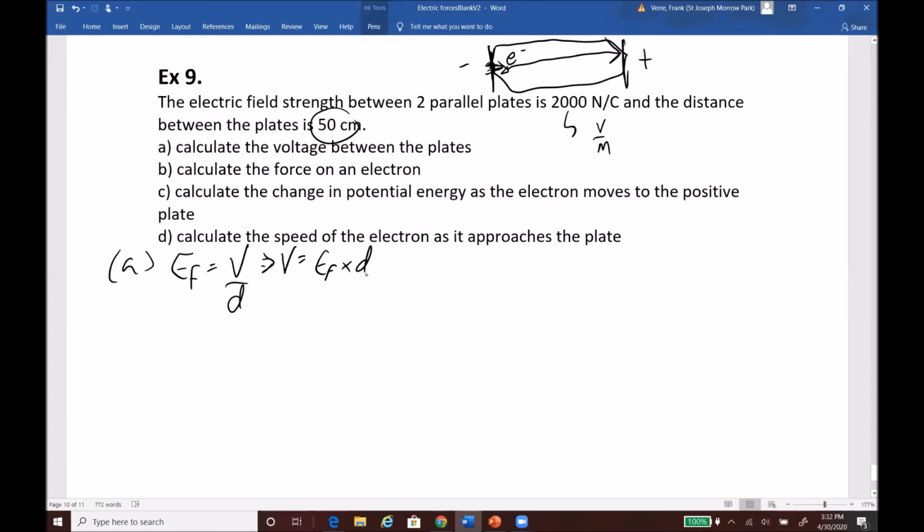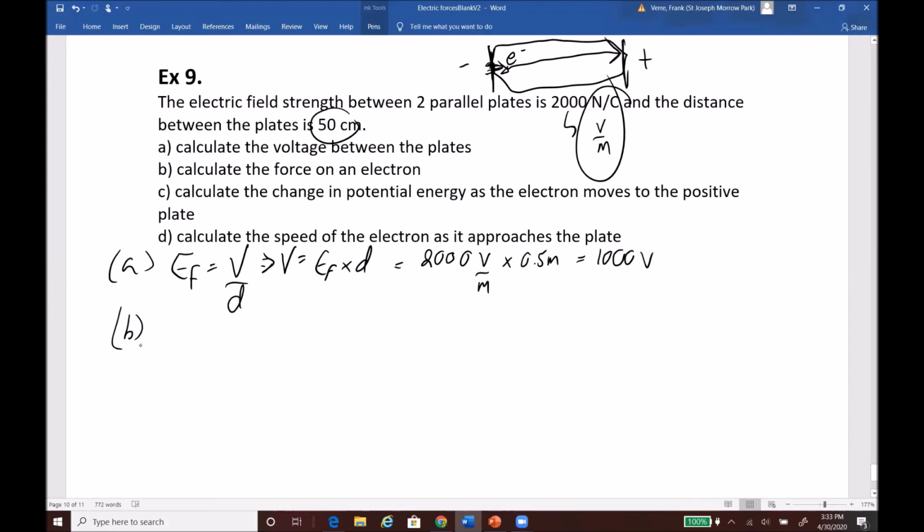So the voltage would be the electric field, 2,000 volts per meter, remember, because these are equivalent, times the distance in meters. That would give us a voltage of about 1,000 volts. Okay, so there's 1,000 volts running through this cathode ray tube. All right, that's A.